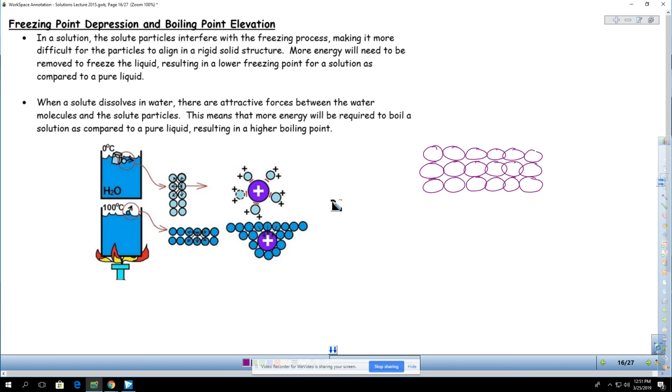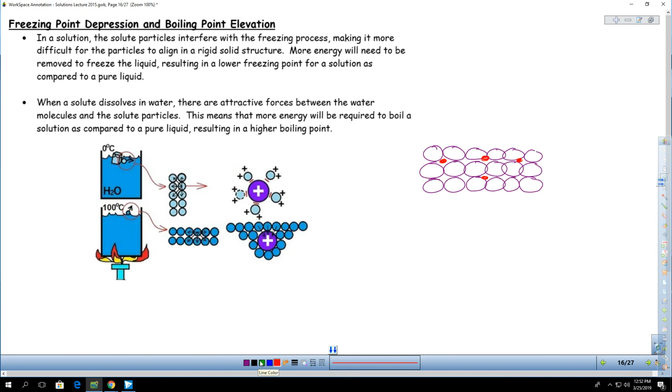But the problem is that I've got these other particles interfering with this crystallization process. In these nooks and crannies, I've got little positive sodium ions that interfere with the alignment of these water molecules in this perfect rigid crystal pattern.